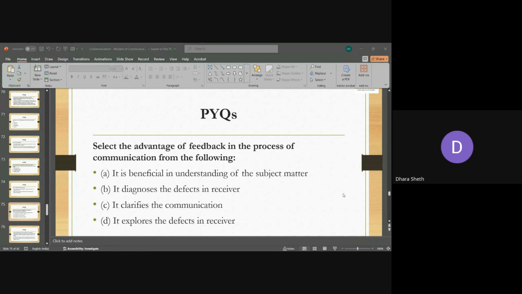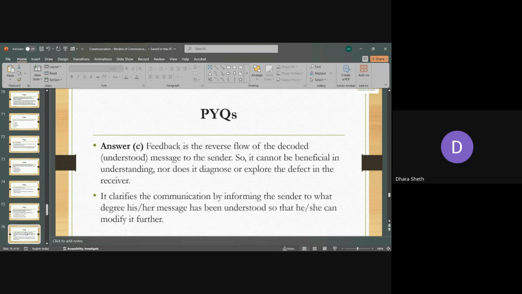It clarifies the communication, or it explores the defects in the receiver. C. Others. A, C. Yeah, B and D can be eliminated. Now the only two options remaining are A and C. So the answer is C.